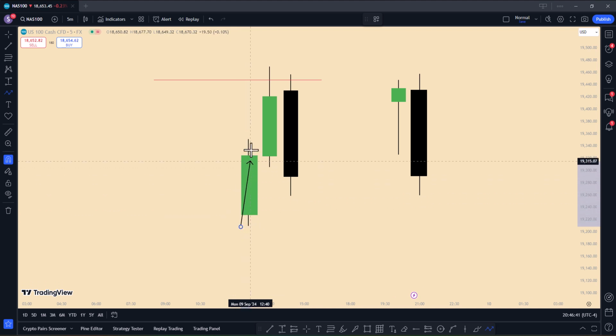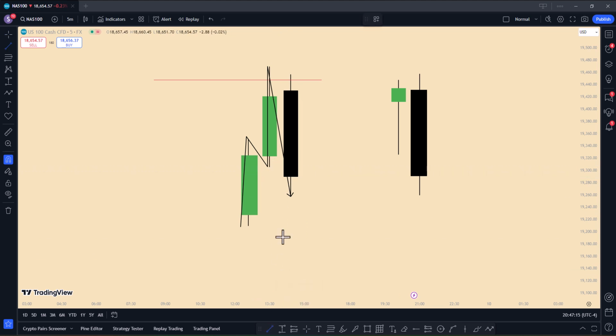So if you follow the wicks, the highs, we started from here. We put in this high, and then we follow the wick. Do we go to this high or this high or this low? Of course, here, because price opened right here, put in this low first, and then put in this high. Now here, price put in this low and closed below this low right here with a body closure.